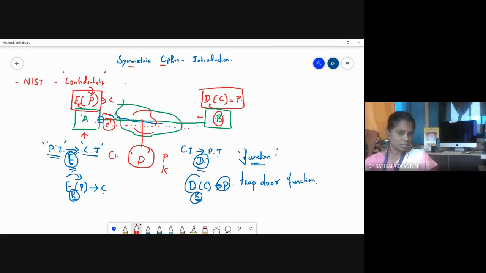And the transformation of ciphertext to the plain text or key is known as cryptanalysis. This part is encryption, this part is decryption, and the opponent or intruder performs cryptanalysis. Clear?